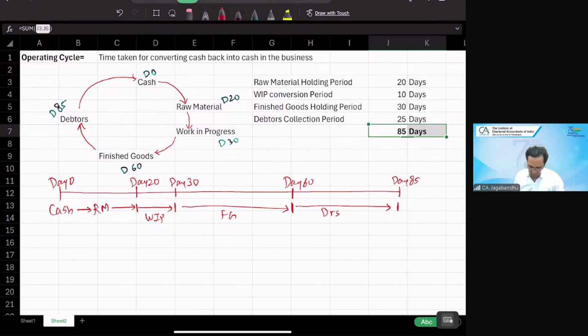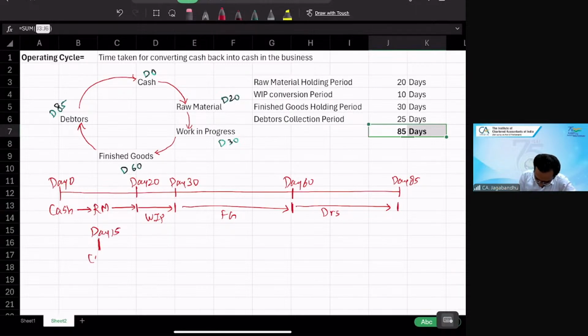Now, what if I tell you that you are purchasing the goods on credit? What if the goods are being purchased on credit, and the creditor is giving you a credit period of, let's say, 15 days? In that case, can I say your cycle will actually start from day 15 onwards?